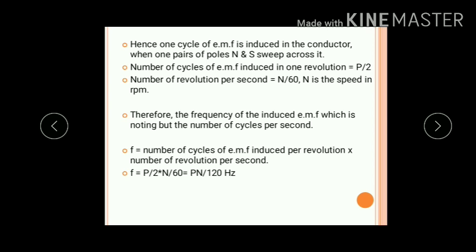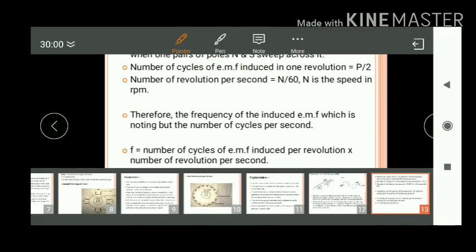Therefore, frequency of the induced EMF is given by the number of cycles per second: number of cycles of EMF induced per revolution into number of revolutions per second. Number of cycles of EMF induced is P by 2. Number of revolutions per second is N by 60.